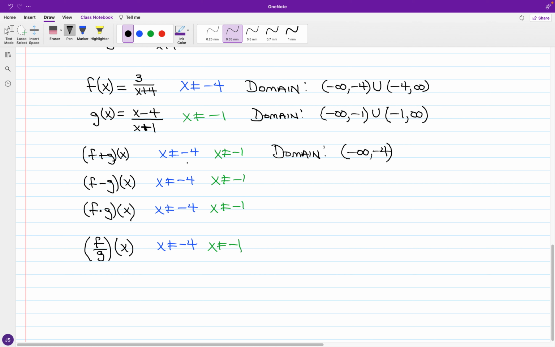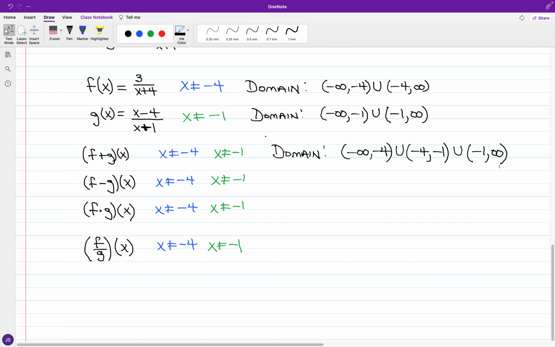Now we're going to bypass negative 4 and go beyond it, and the next stop is approaching negative 1. So those values of x less than negative 4, then those values of x greater than negative 4 and less than negative 1. And like negative 4, negative 1 is going to be bypassed, and there's no other exclusion after that. So for the rest of the set, we have those values of x greater than negative 1.